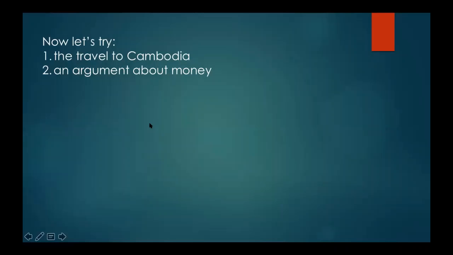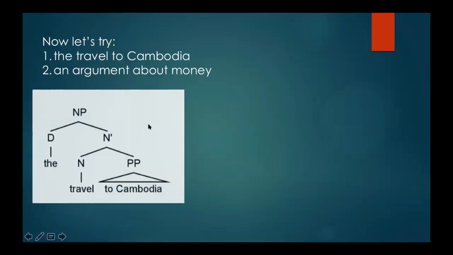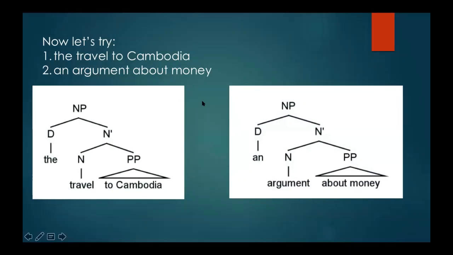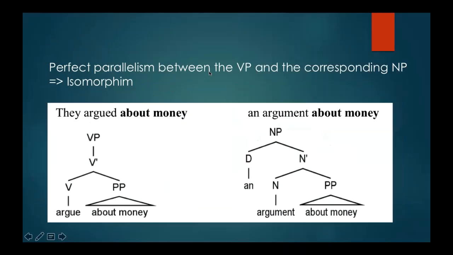And when they are the same, then the function of the PP here should be the complement instead of the modifier. Because in the sentence, they travel to Cambodia or they argue about money, it functions as the complement, not the modifier. So it will be the same here.